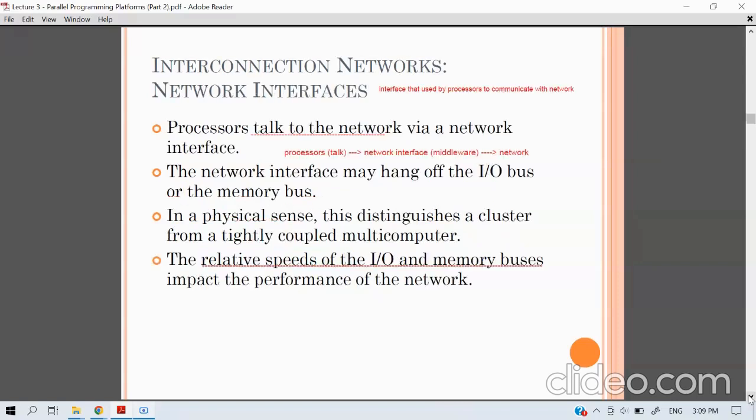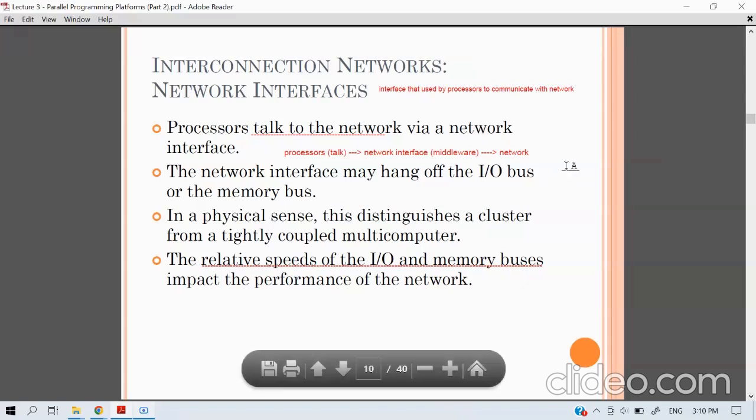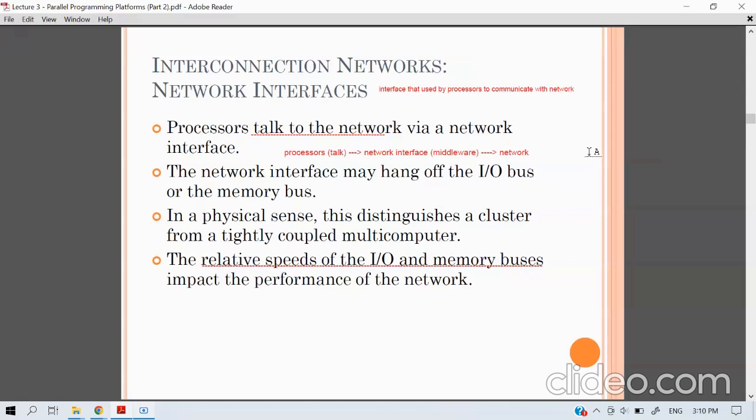All right. So how do the switches and the interconnection networks communicate? They use a network interface. Processors talk to the network via the network interface. The network interface may hang off the I/O bus or the memory bus.